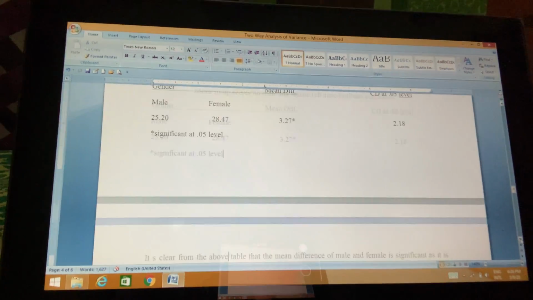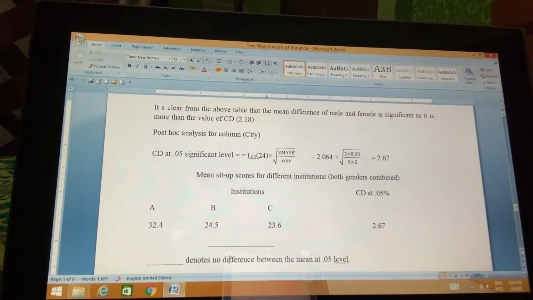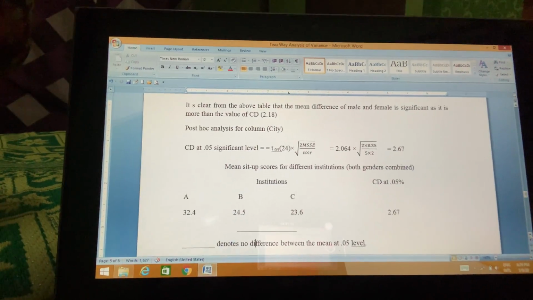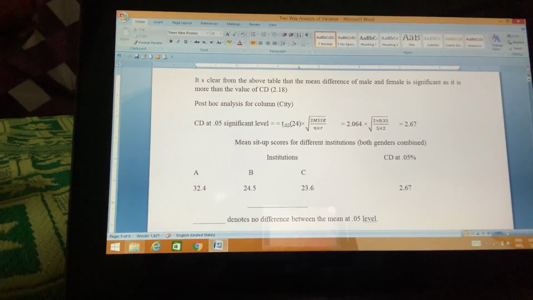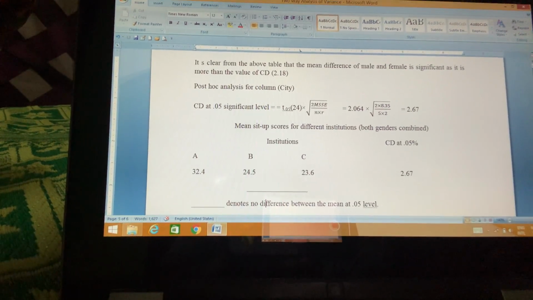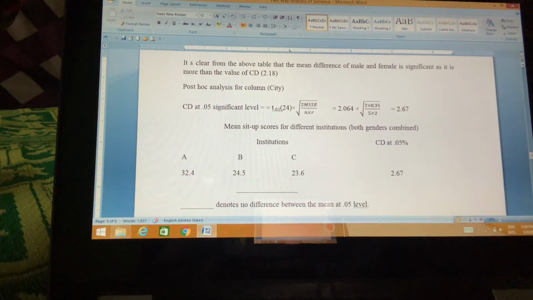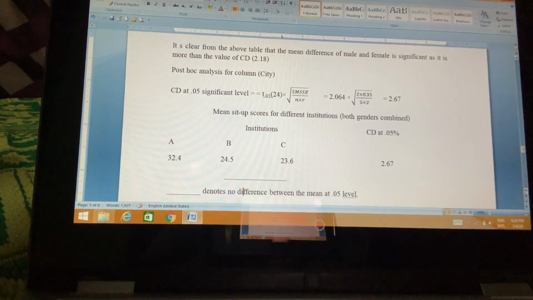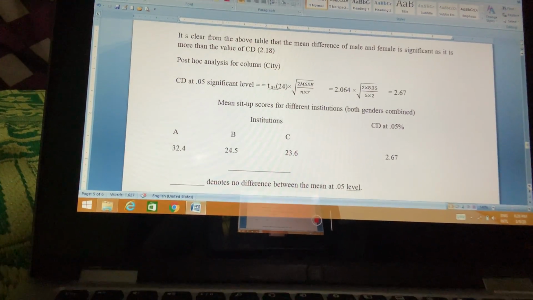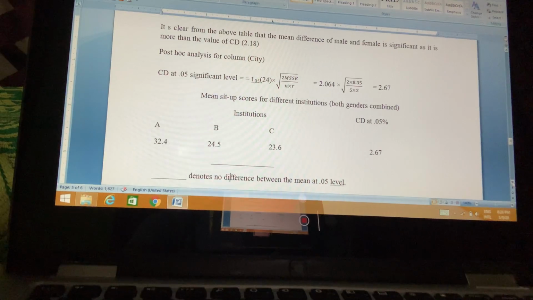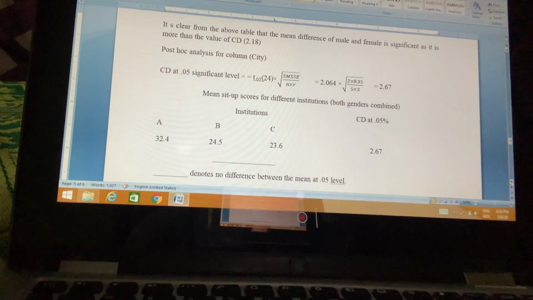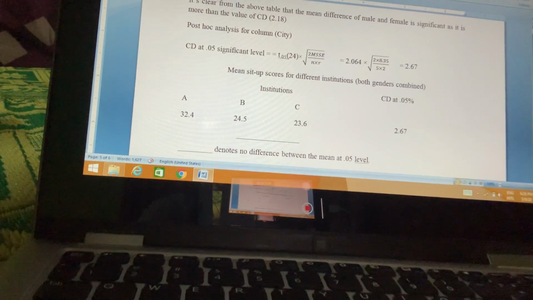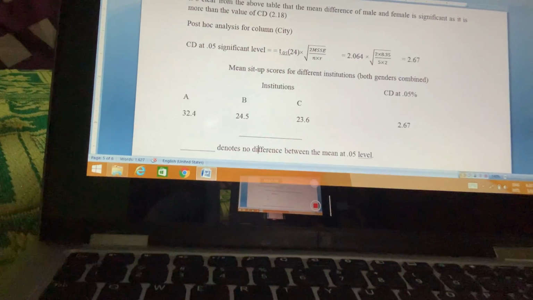Now in the case of column again you need to find out the CD, right? And here the CD value is 2.67 and you have 3 institutions, 32.4 is the mean, 24.5 is the mean, 23.6 is the mean, and in this case we find that the difference between institution B and institution C is less than the CD value 2.67 at 0.05 level, that is why the mean is not significantly different, right?